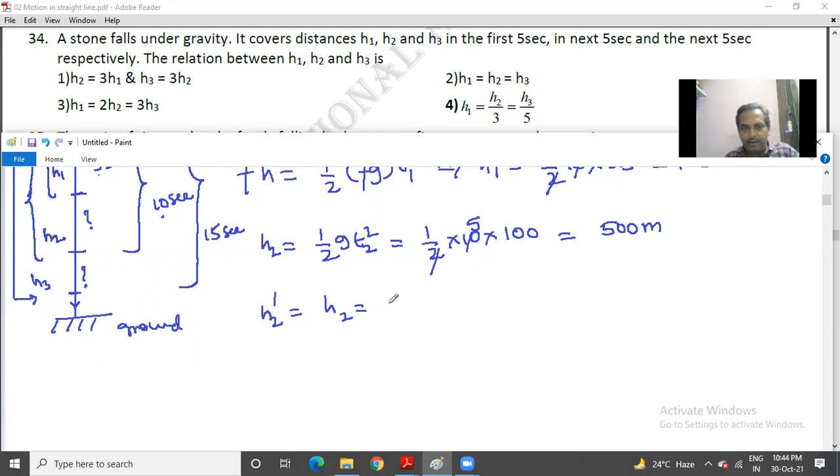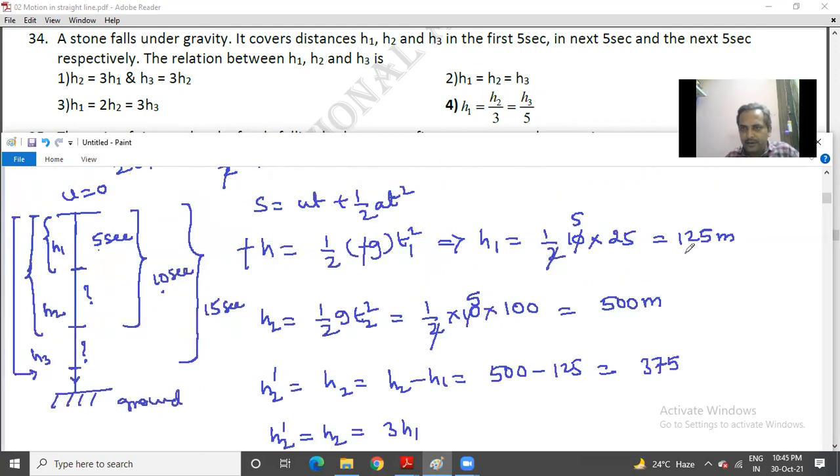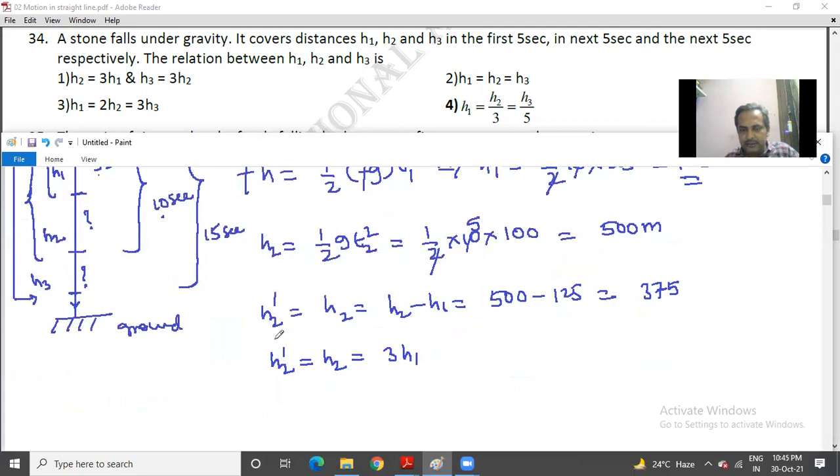So it will be H2 minus H1, which is 500 minus 125, equal to 375. You can say this is H2 dash or H2, no problem. This can also be written as 3 times H1, because H1 is 125, and if you multiply 3 with 125 you get 375.